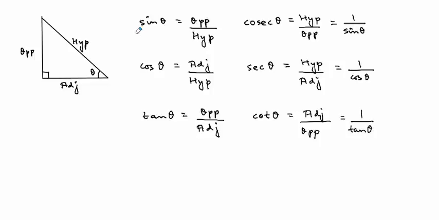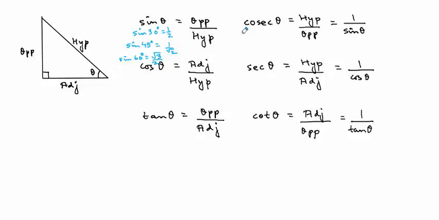We also know that sine 30 degrees is equal to 1/2. Sine 45 degrees is equal to 1 over square root of 2. And sine 60 degrees is equal to square root of 3 over 2. So if you flip this over, you get the corresponding cosecant values.